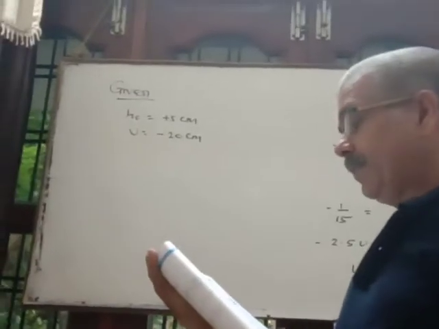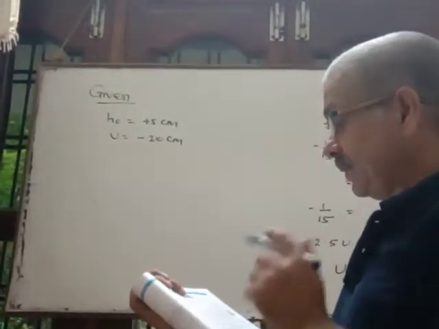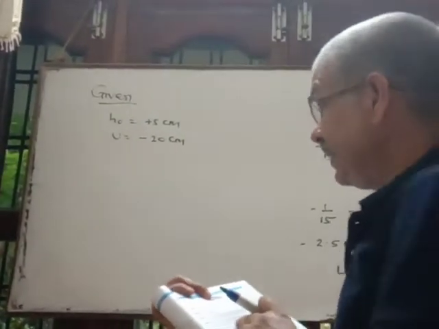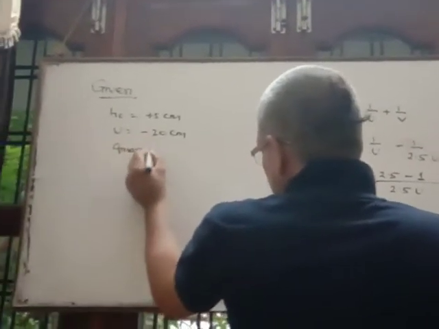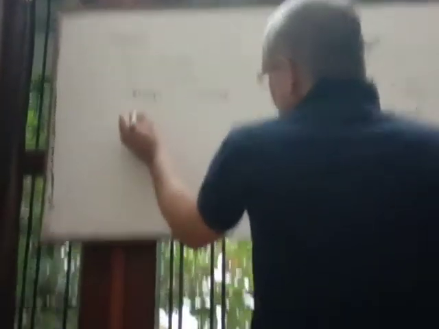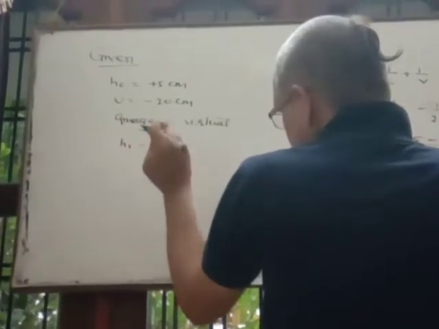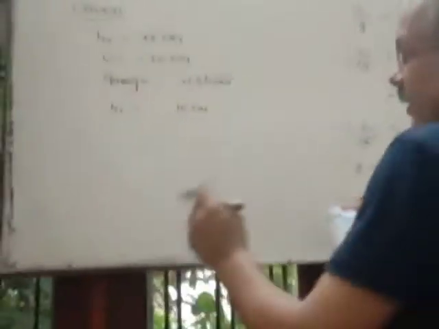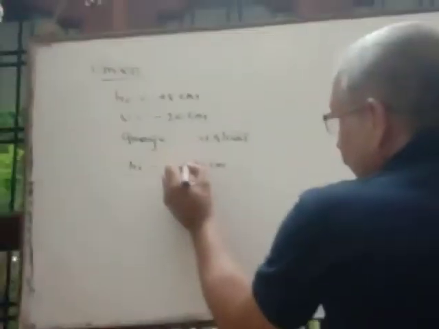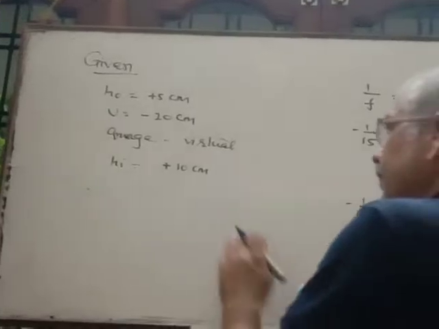from the mirror. If a virtual image 10 centimeter tall, image is virtual and height of image is 10 centimeters. See here, virtual images are always erect, correct now? And erect image is always positive.